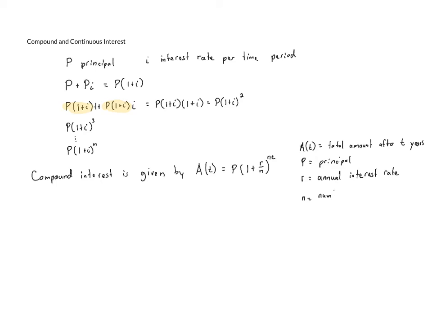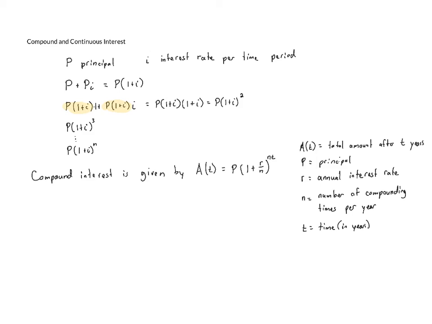So let's say the number of compounding times per year, and t is the total number of years, so the time in years.